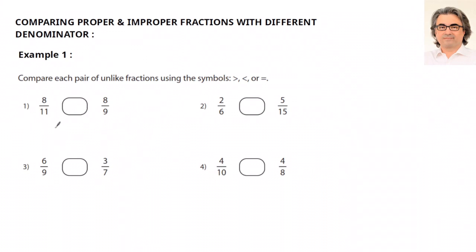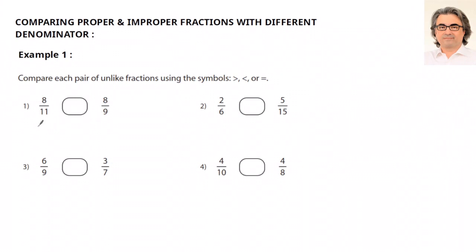This is a bit in contrast to the first type of examples. In those examples, if you remember, denominators were equal to each other, but here numerators are equal to each other.